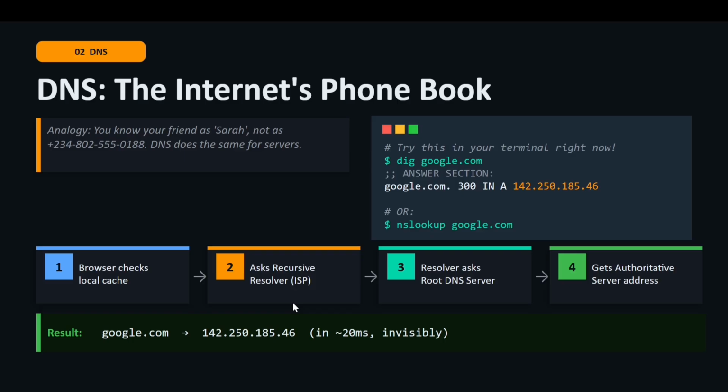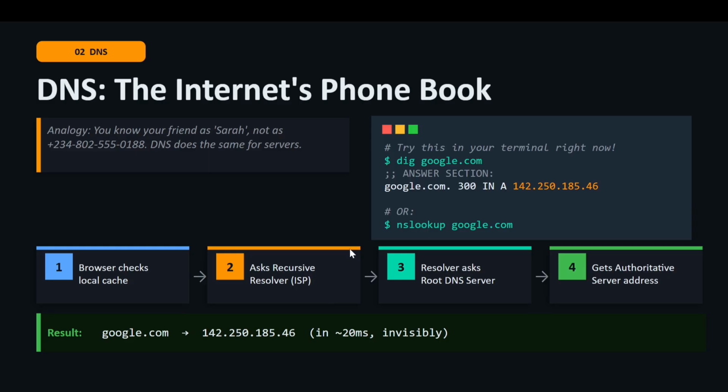The ISP resolver is going to go to the root DNS server to find who is responsible for these .com domains. Then the server points to the authoritative name server for google.com, which actually will bring back the IP address itself.